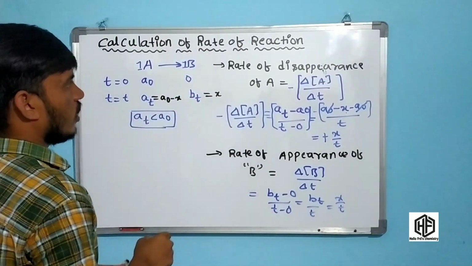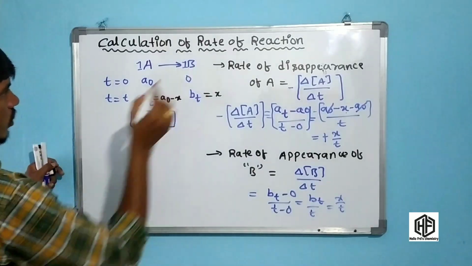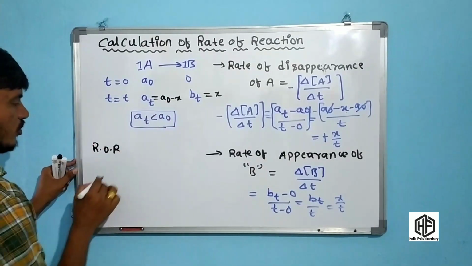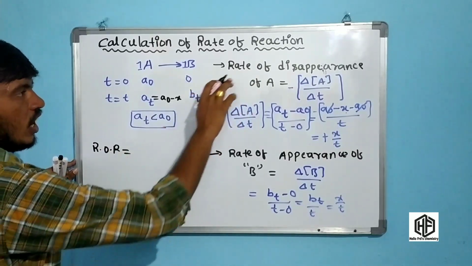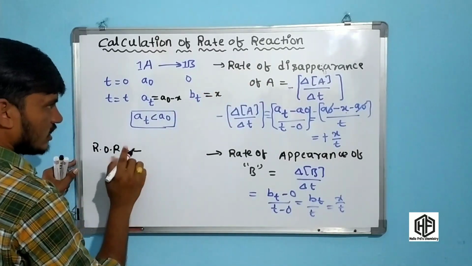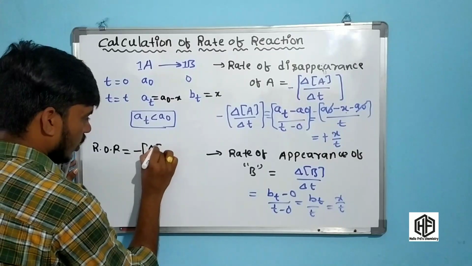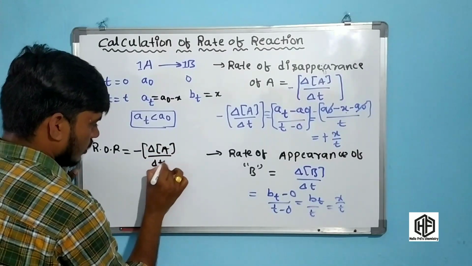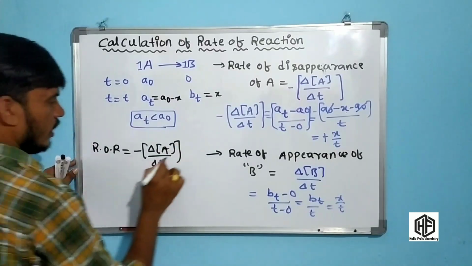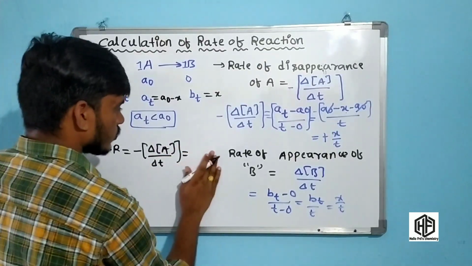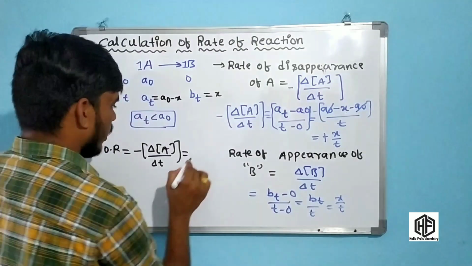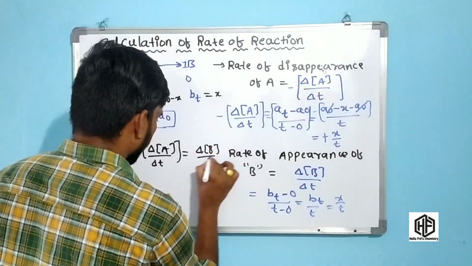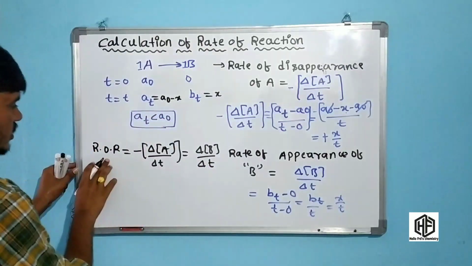Now the rate of reaction, friends. For this example, the rate of reaction is the minus sign with change in concentration of A by change in time, equal to the change in concentration of B by change in time. This is the rate of reaction.